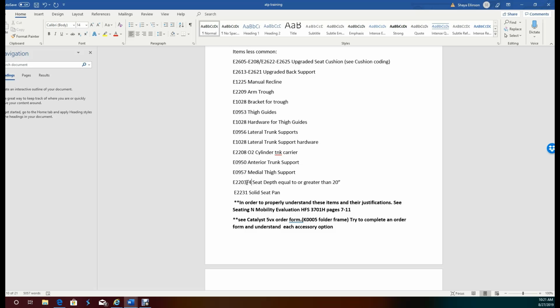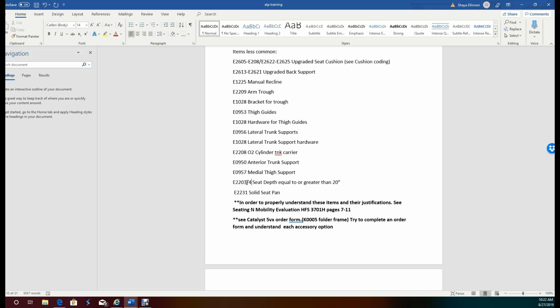We get paid separately. We're going to Medicare and saying, hey, this patient has an upper leg length of 23 inches. We want to make sure the patient can have increased support and fit properly in their chair, with increased pressure distribution. What we're going to do is get them in a deeper seat. Because we get a deeper seat, it costs us more. We get paid back differently. We have to get that item coded.